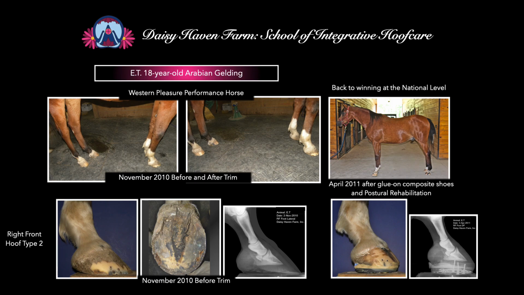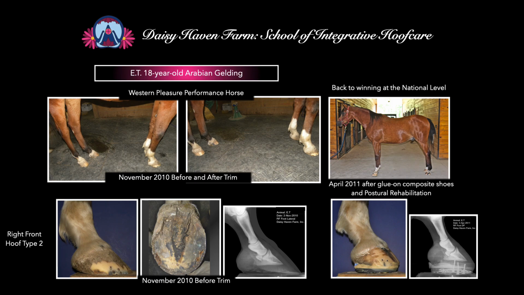And then yet we still needed to address his dentistry from a very global perspective, and we like, of course, the IAED dentists, the International Association of Equine Dentistry trained dentists, for this kind of work. And then we look at the condition of his feet, the shape of his feet, the distortions, the pathologies at the beginning, and then where we got him to by the time he was using his body better, standing more square, less compensation, and was able to get back to work and be successful and win additional national championships.